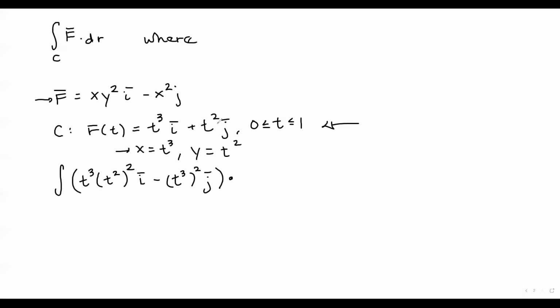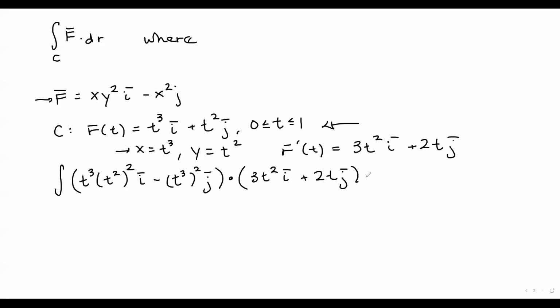So we differentiate this to get dr. Just take r prime, and that's going to be 3t squared i plus 2t j. Then just substitute that in place of dr. So you're going to get 3t squared i plus 2t j. And then last, you tag on a dt afterwards.